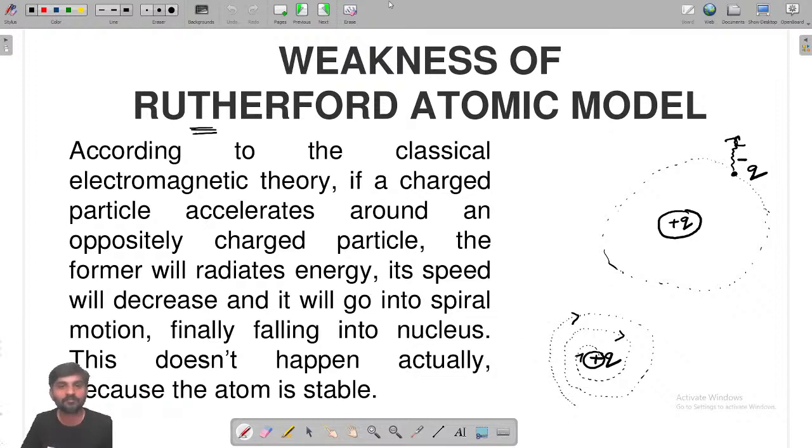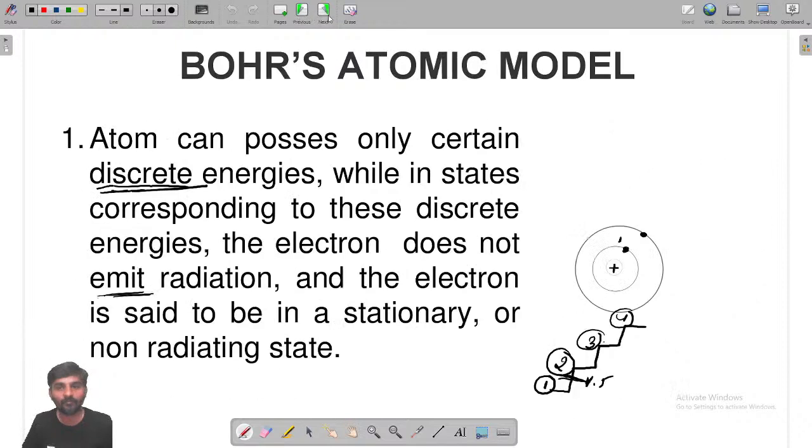But here, when the electron is at these discrete energy levels and revolving around, the electron will not fall and will not emit radiation at all.